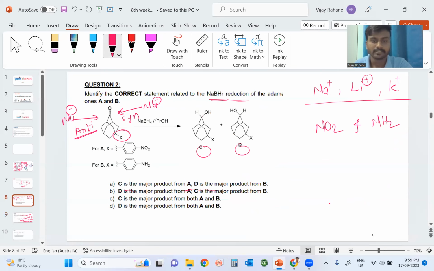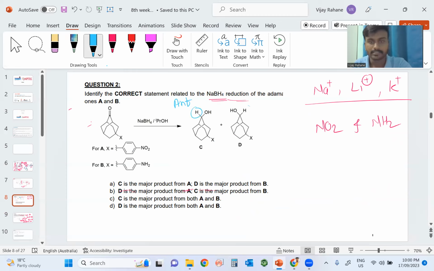If you see this reaction in which C is major, this is the anti-attack, right? And this is the syn attack product. The hydride, H minus, is the nucleophile here. So you can see this hydride is attacked from the syn side.